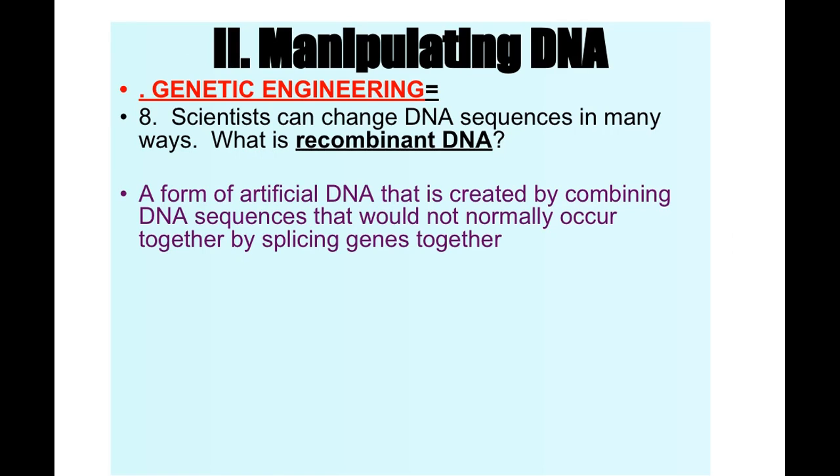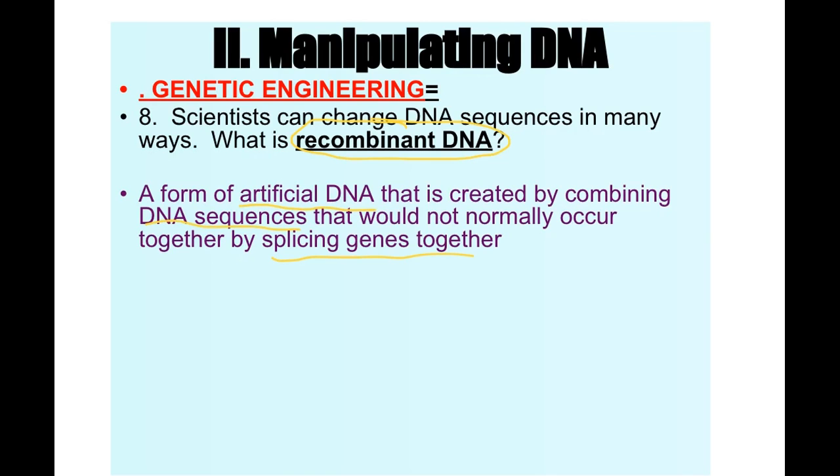All right, we already talked about this, but let's talk about it one more time. So what is recombinant DNA? Recombinant DNA is artificial DNA that is created by combining DNA sequences that would not normally occur together by splicing genes together in the lab.